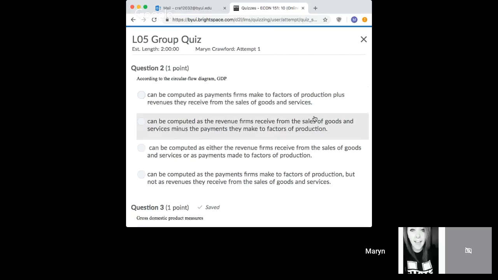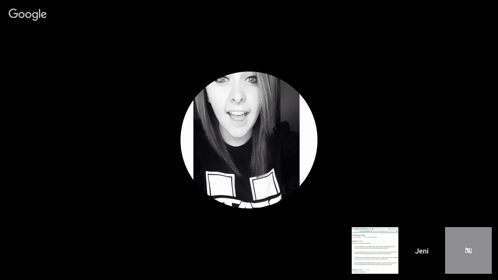I don't know. I'm just looking at that chart again, and in the book it says GDP equals the total wages, rent, and profit paid by firms in the markets for the factors of production. And then it's talking about how GDP is equal to the amount spent by households in markets for goods and services.